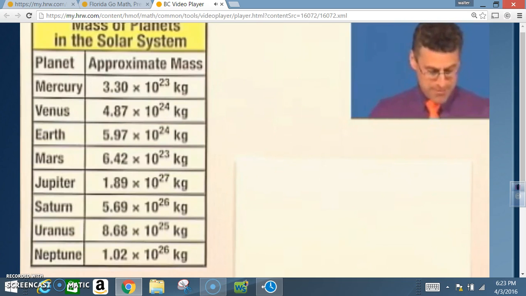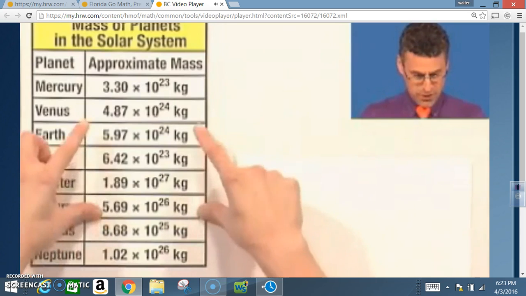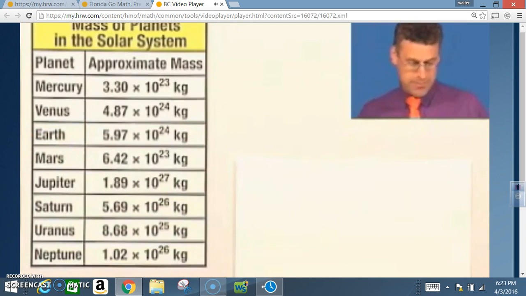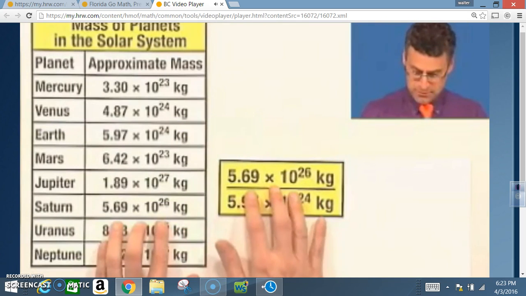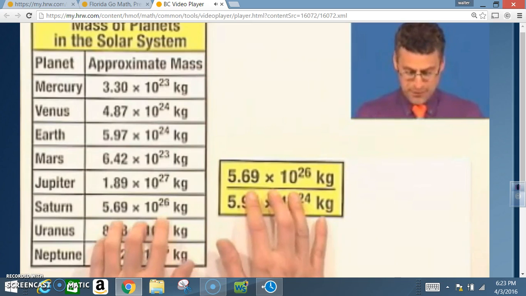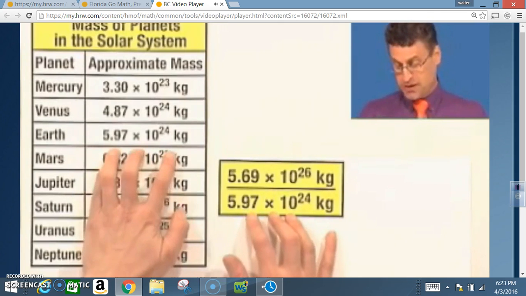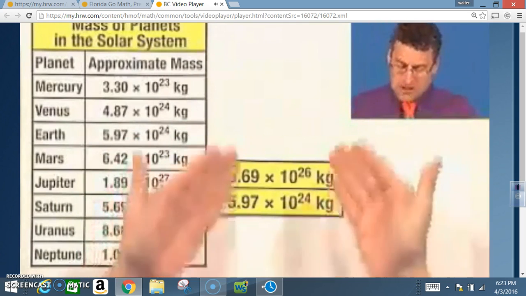So we want the ratio of the mass of Saturn, which is 5.69 times 10 to the 26 kilograms, with respect to the mass of the Earth, which is 5.97 times 10 to the 24th kilograms. Now the question is, what does this ratio equal?